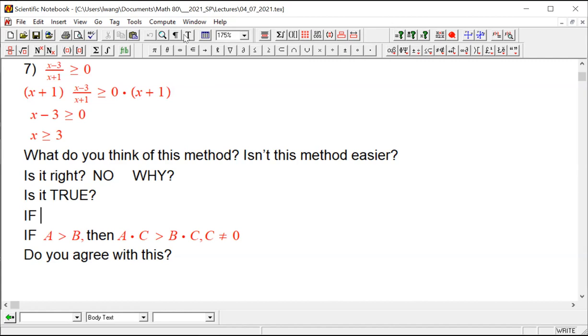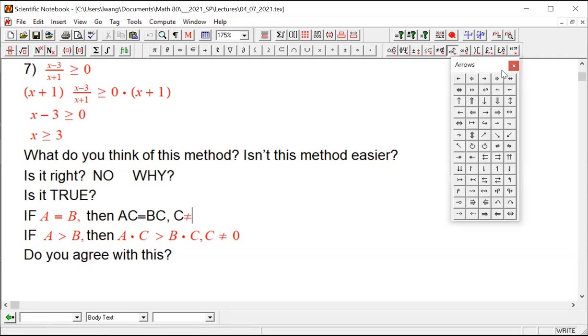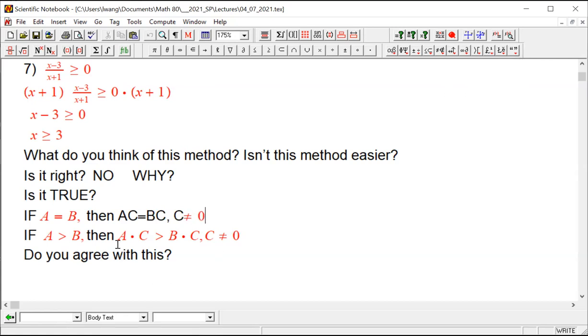If A is the same as B, then A times C is equal to B times C, provided C is not 0. This is true.